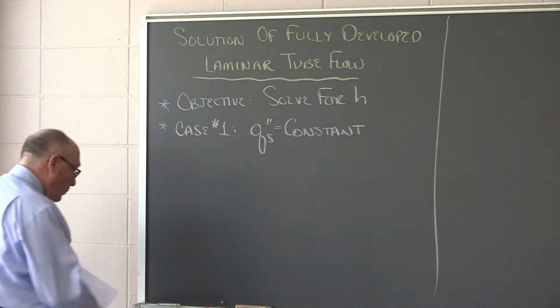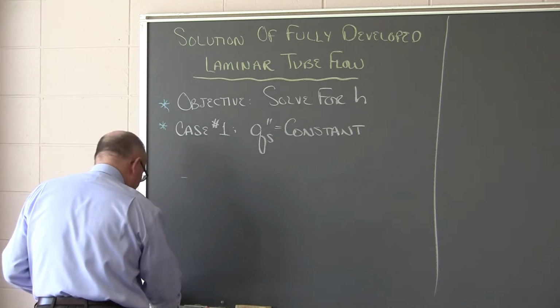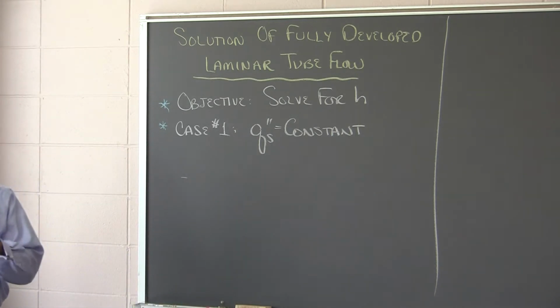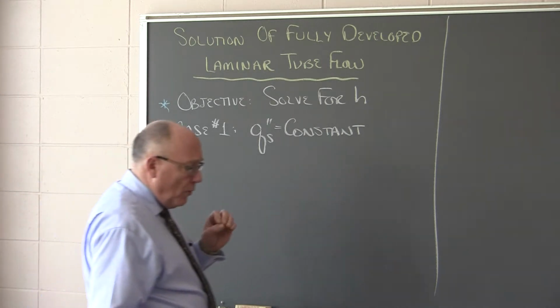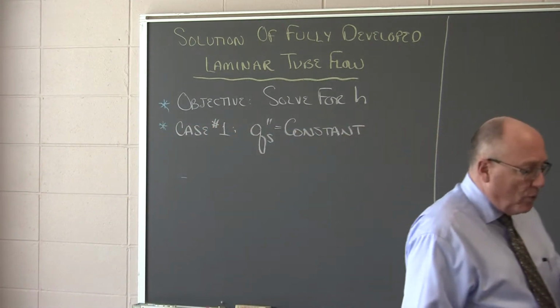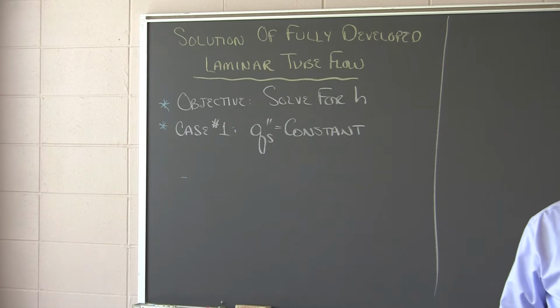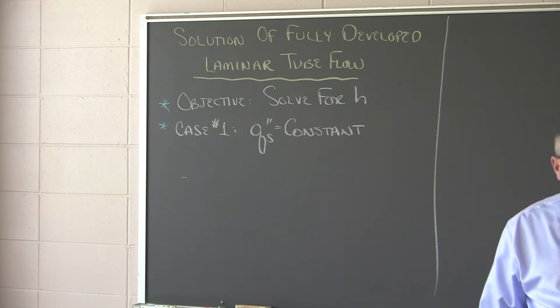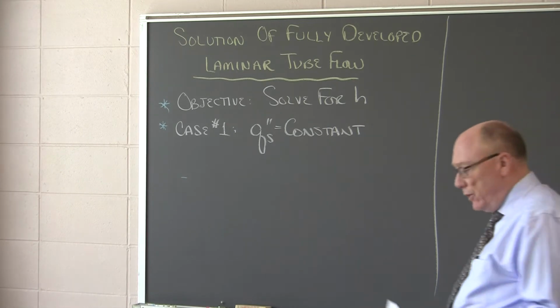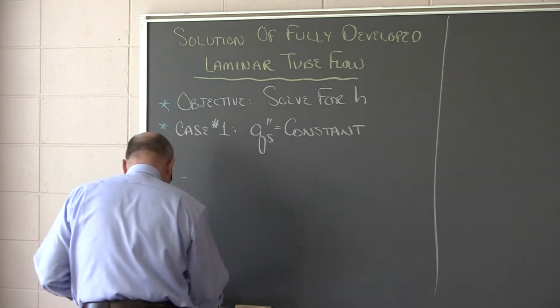Okay. In order to accomplish this, we're going to need to do two things. We're going to need to use what we solved for in the preceding lesson, which is the mean velocity, and we're going to have to tie that in with the third of our equations.